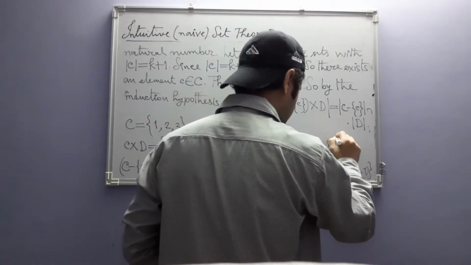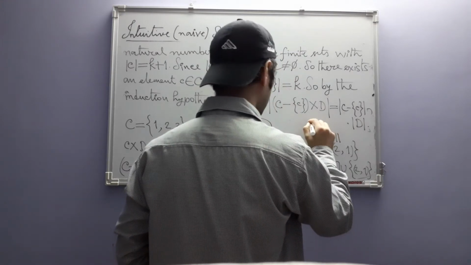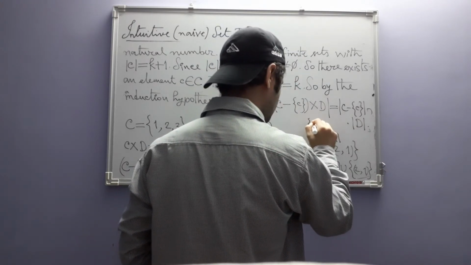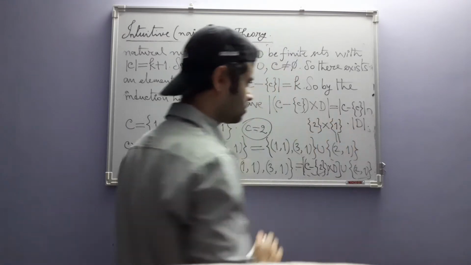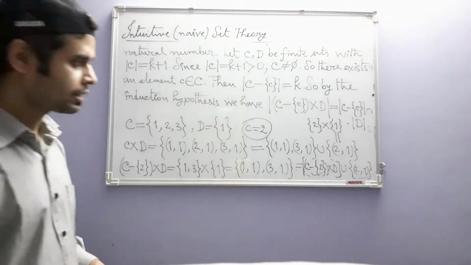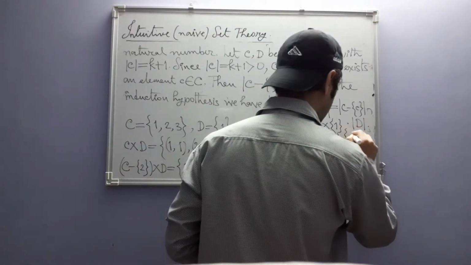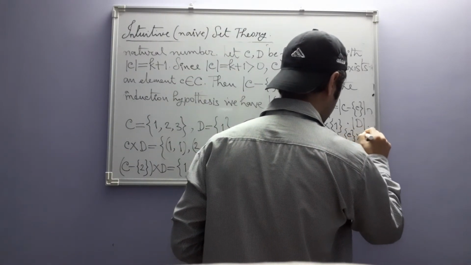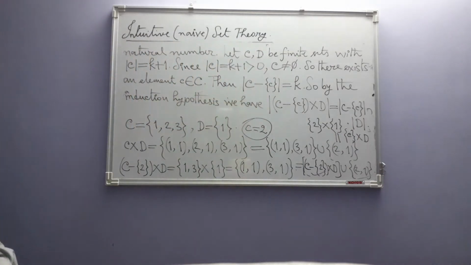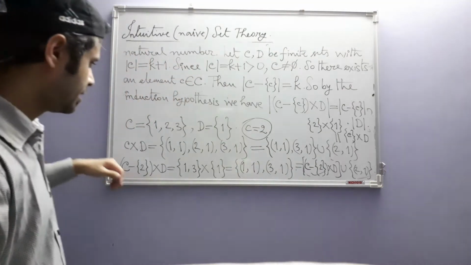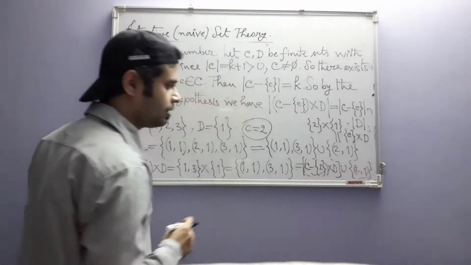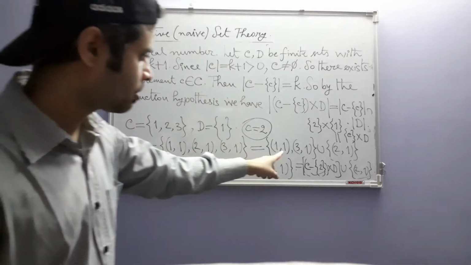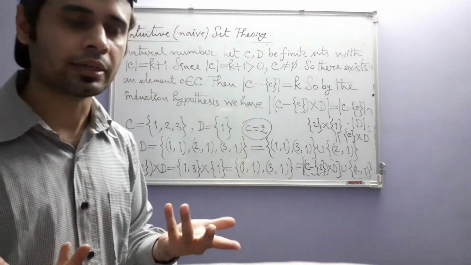This part is actually equal to {2} cross {1}, which is nothing but the singleton set {c} cross D. One more thing you can see here is that this set and this set are disjoint. They don't have any common elements. Why?